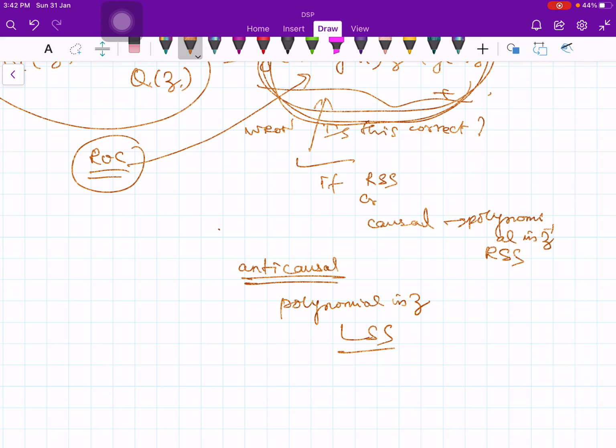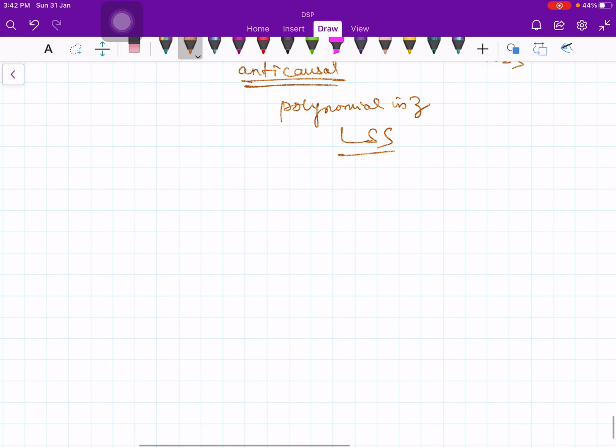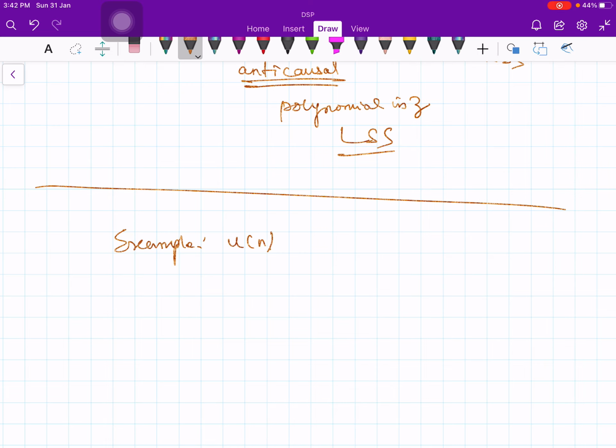Okay, we will illustrate this with the help of an example. Let me consider the simplest one, that is u of n. Now u of n is equal to, let's say, x of n. Therefore capital X of Z is equal to 1 divided by 1 minus Z inverse.